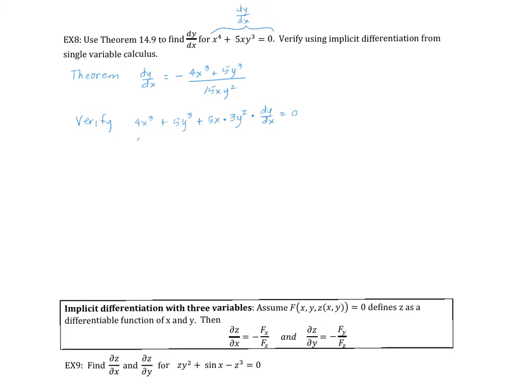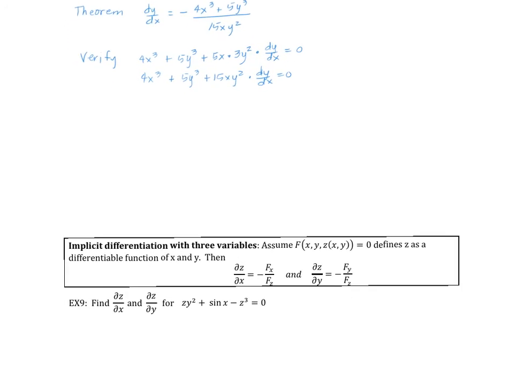Let me clean this up. I have 4x to the third plus 5y to the third plus 15xy squared times dy dx equal to 0. Well, I need to solve for dy dx. I could subtract the 15xy squared dy dx from both sides.